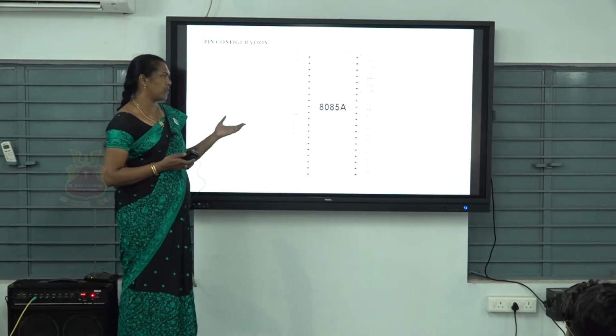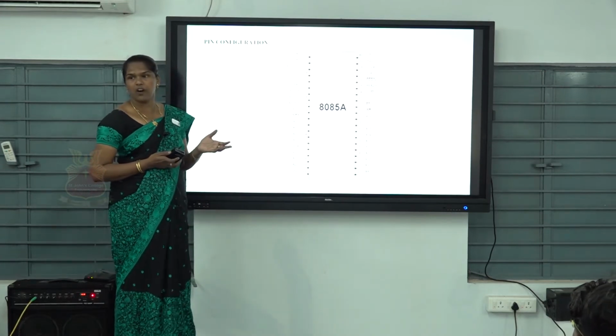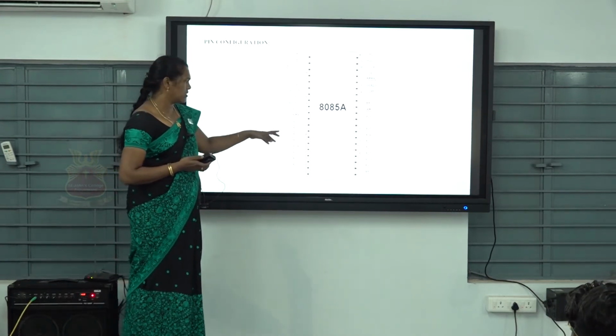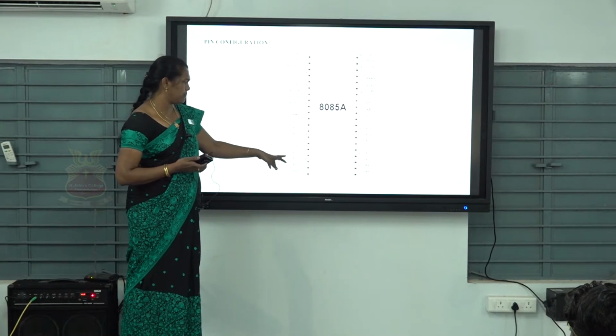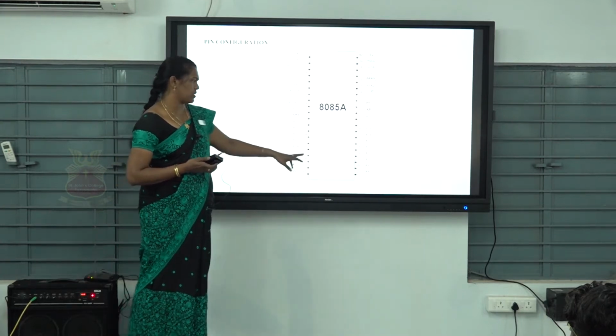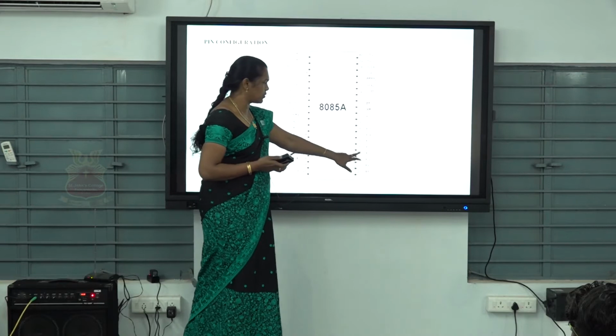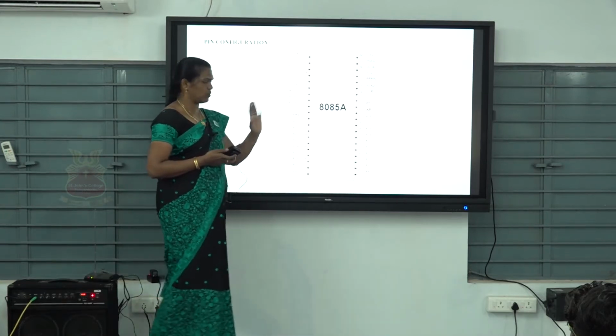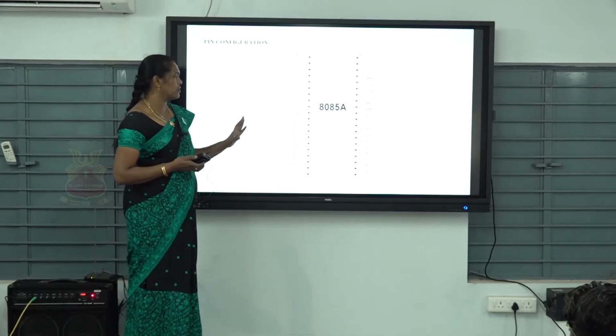So here we have 16 pins for addressing. These 8 pins are the low order address bus and these 8 pins are the high order address bus. So a total of 16 pins are used for addressing.